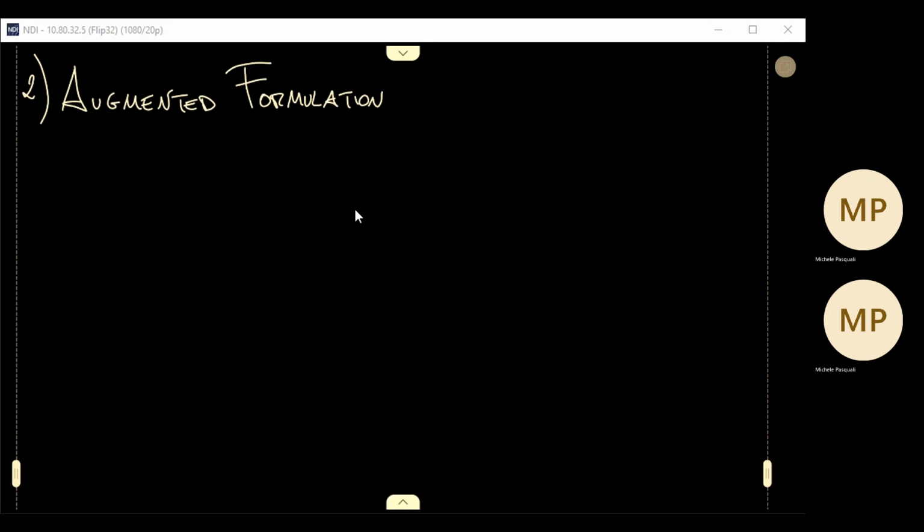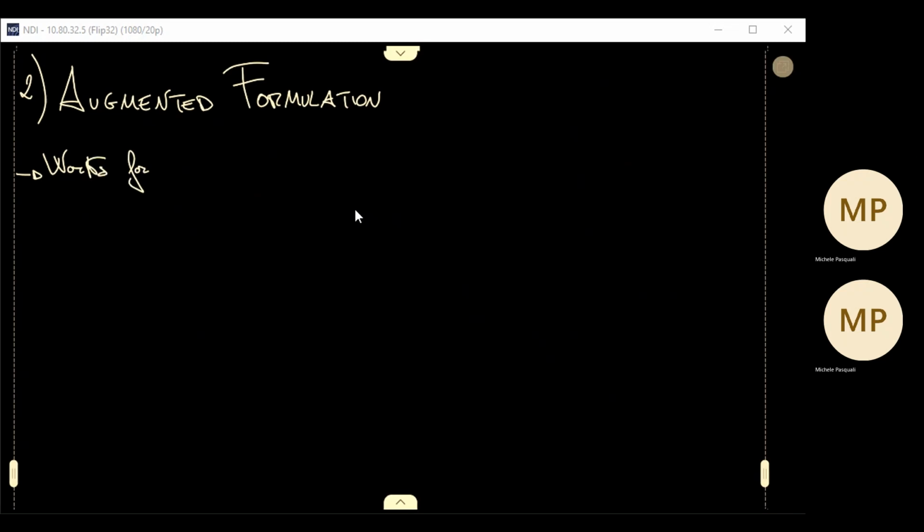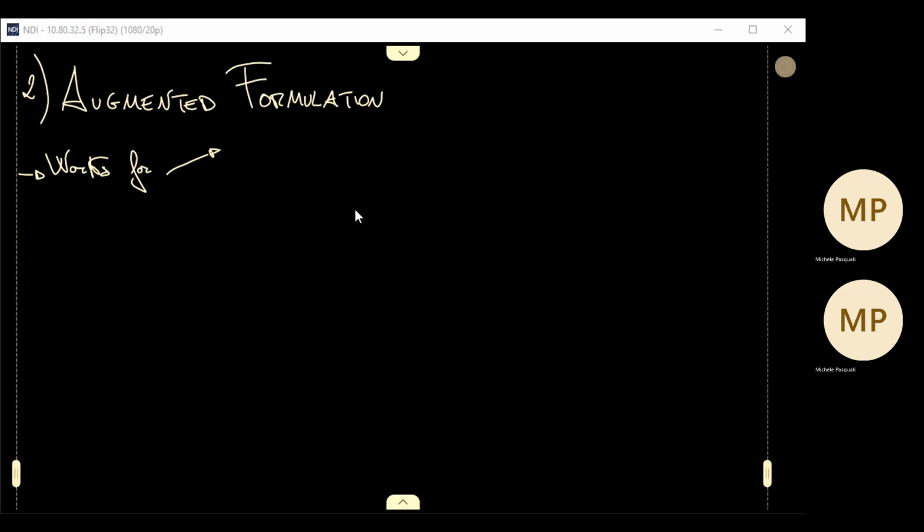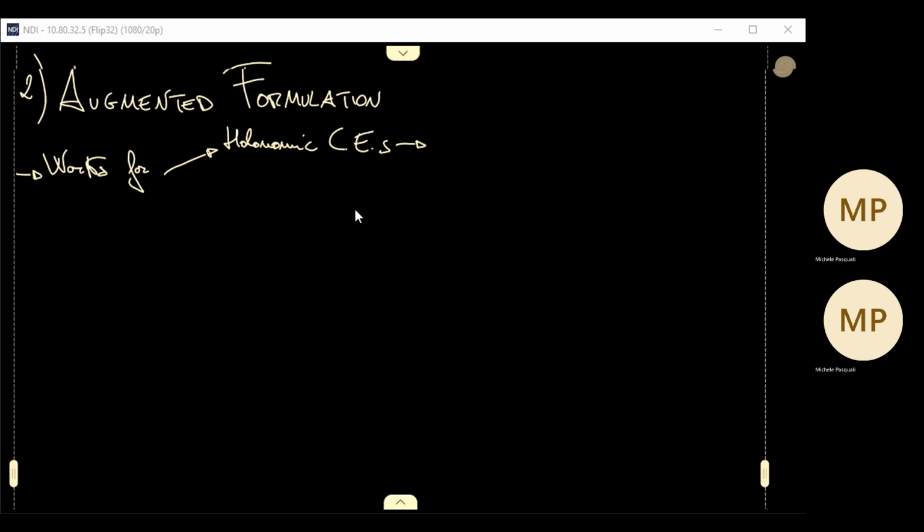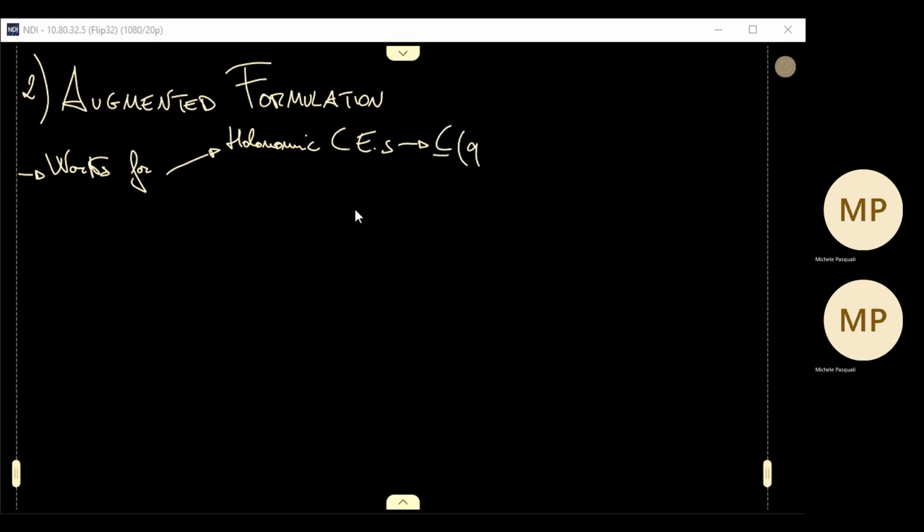Okay, again, this works for holonomic constraint equations, in which, remember, we have this form, which can, in turn, be written as such.